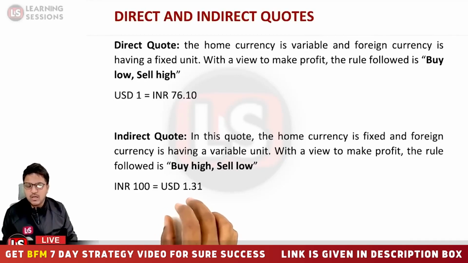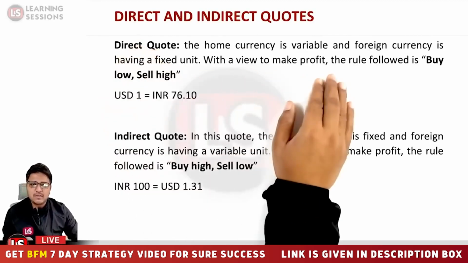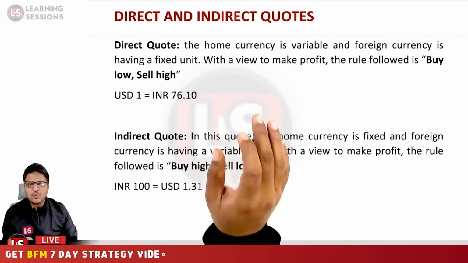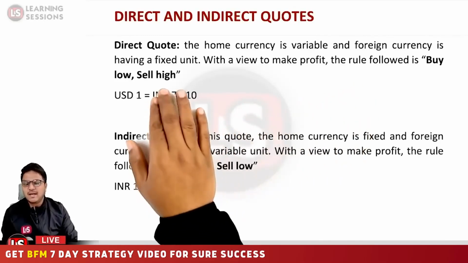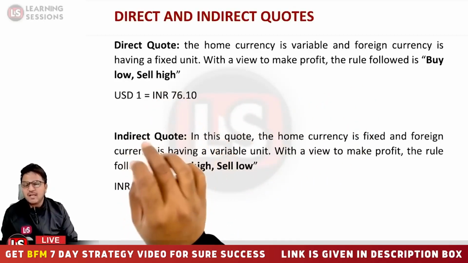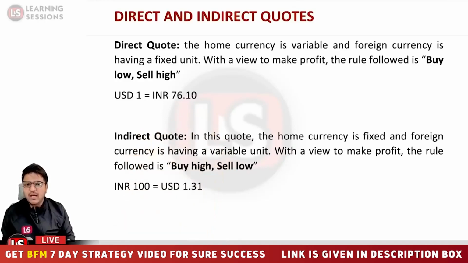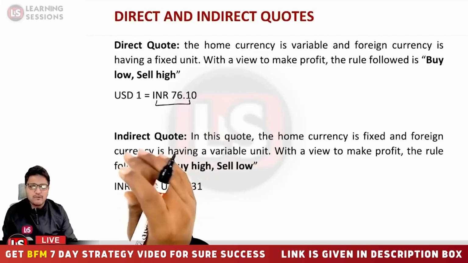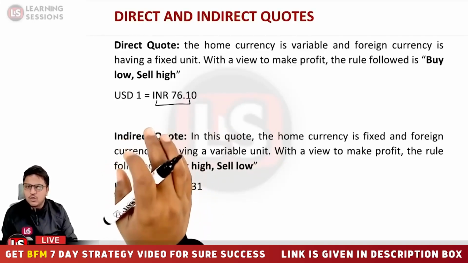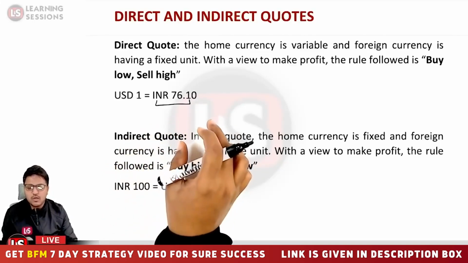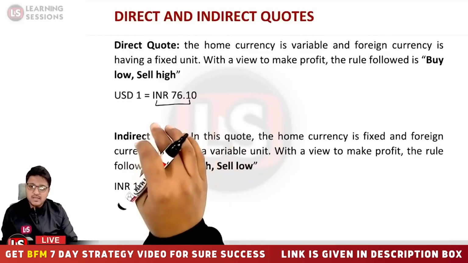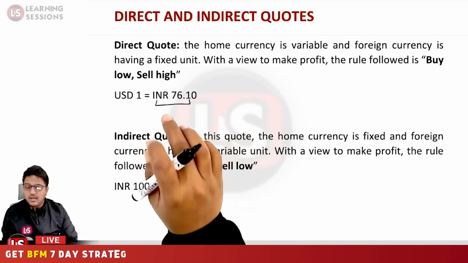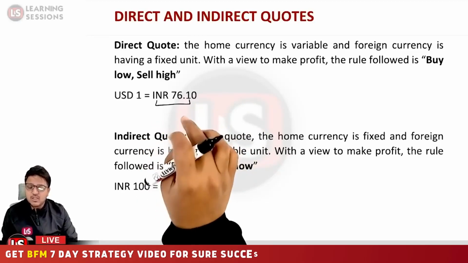Over here in the direct cost, if you want to make a profit, the rule is buy low, sell high. What does it indicate? If today USD is equal to INR 76.10, I'll be purchasing 1 USD at INR 76.10.